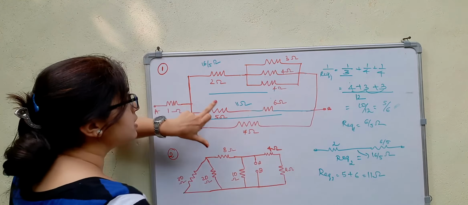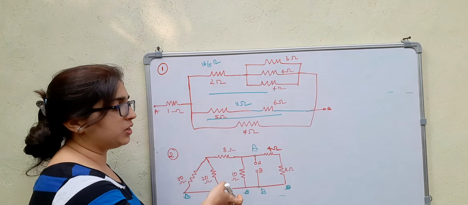Here also we are finding RAB, that is the equivalent resistance between the two terminals A and B. So this is your A and this is B. Can I call these nodes B? Yes, I can call them B, because there is no resistor in between, so all are at the same potential.